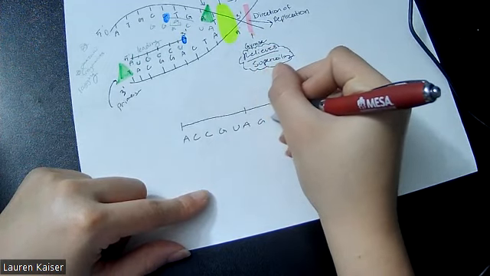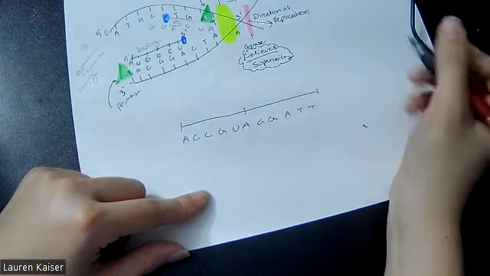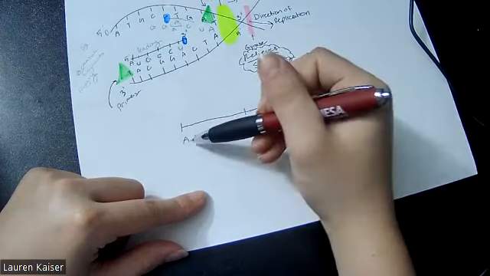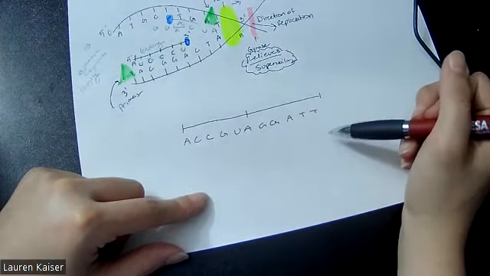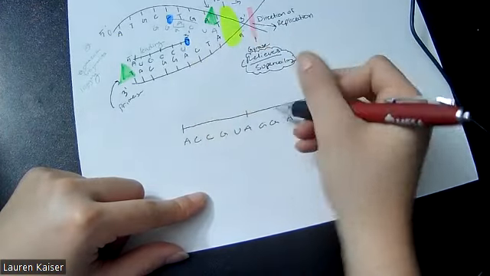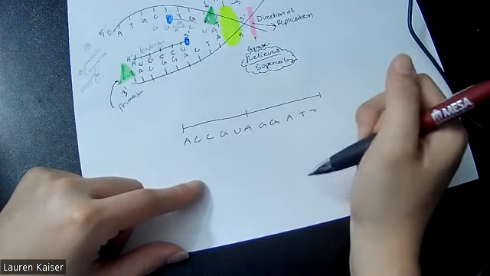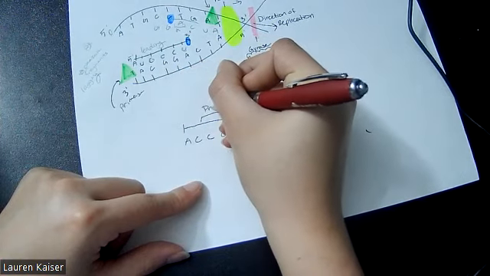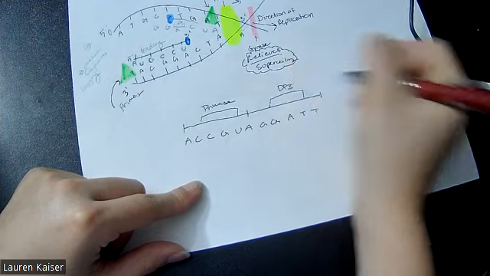It's going to go G, G, A, T, T. If I were to ask you what was created by primase and what was created by DP3, you should be able to tell me, right? Because this is RNA here, and this is DNA on this side, but they're still part of the same strand and they're not complementary. So this would have been made by primase, and this would have been made by DP3.